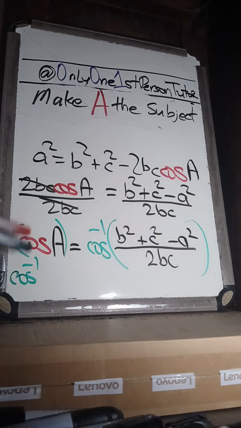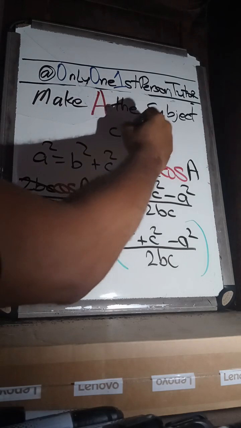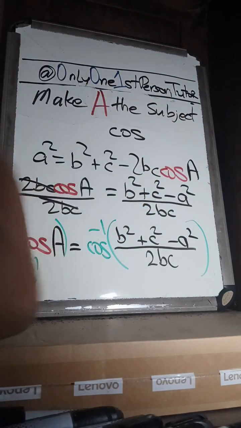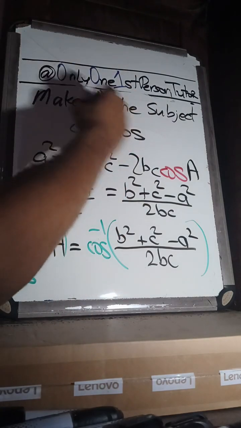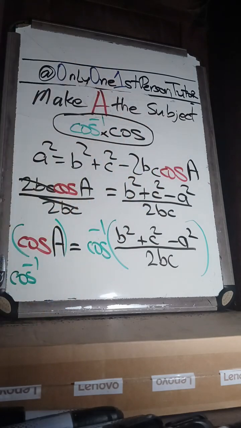And the number multiplied by its inverse is equal to 1. So the inverse cosine multiplied by cosine, it leave you with just 1. Anything raised to the minus 1 is 1 over that thing. 1 over cosine times cosine is cosine over cosine, leave you with 1. Therefore, this cancel that. And that is how you end up with just A by itself.